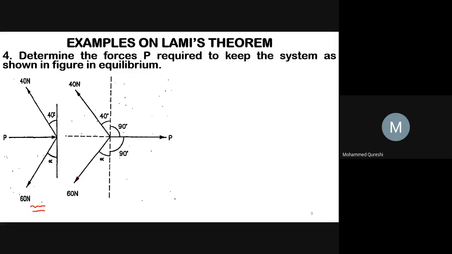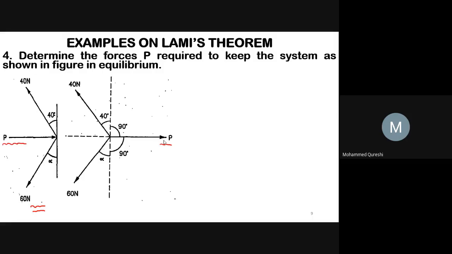So 60 Newton making an angle alpha. This is by the principle of law of transmissibility of forces, and this is your 40 Newton making an angle 40 degree with the vertical y axis.